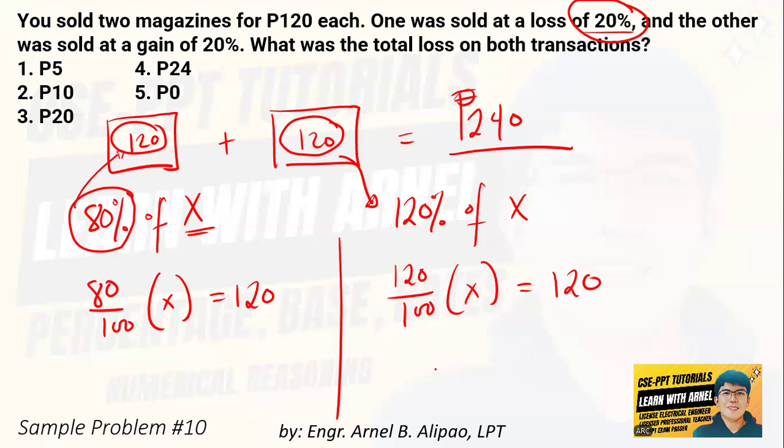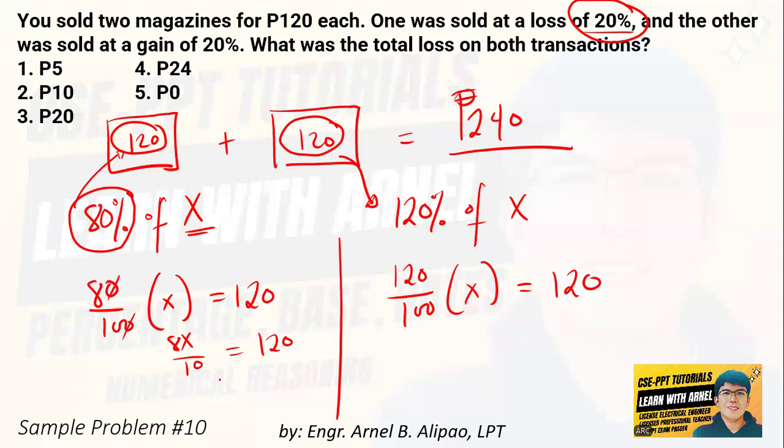Okay, so now let's solve for the original value of your first magazine. So we cancel the 10s, we have 8x over 10 is equal to 120.